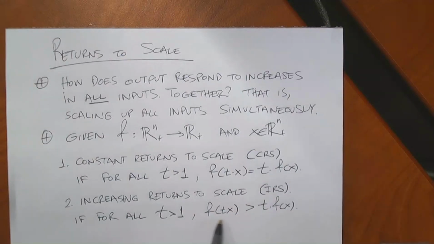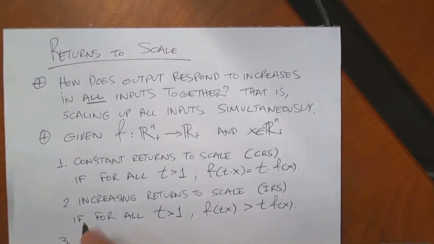So here, the output that you would be getting by scaling up the inputs, let's say by 2 times x, that would lead to a specific level of output. That output is going to be greater than 2 times the original production function where you haven't scaled up the inputs. So the last case should be very easy to write.